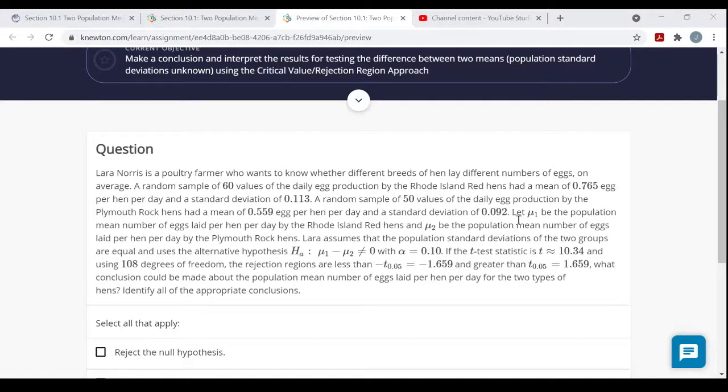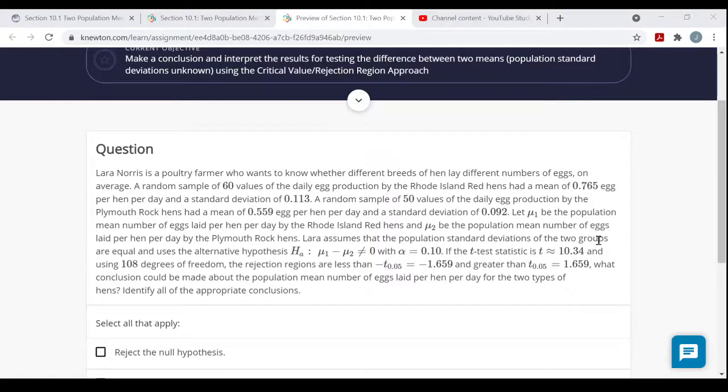They're saying let mu1 be the population mean number of eggs laid per hen per day by the Rhode Island red hens, and mu2 be the population mean number of eggs laid per hen per day by the Plymouth Rock hens.